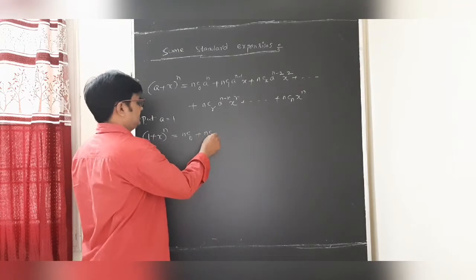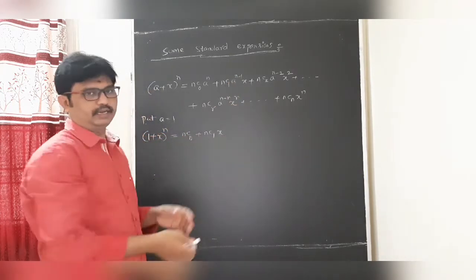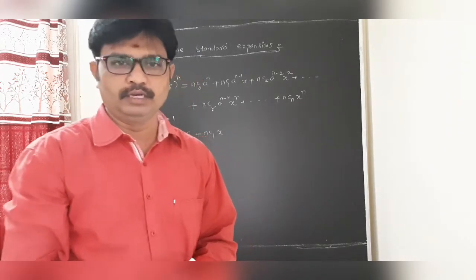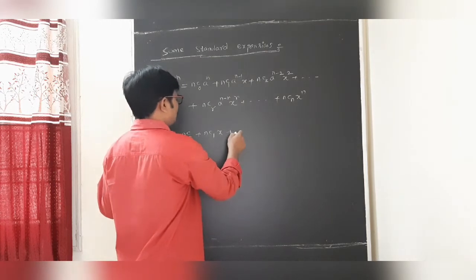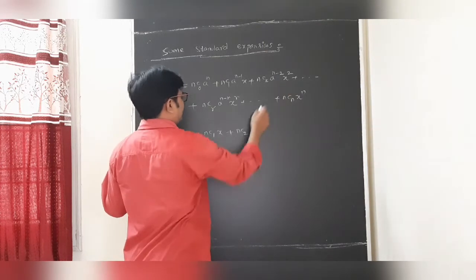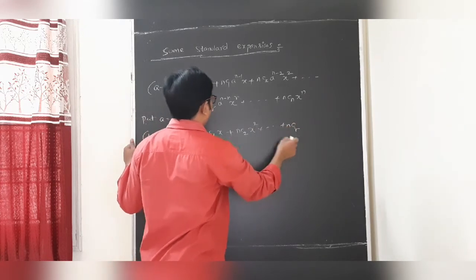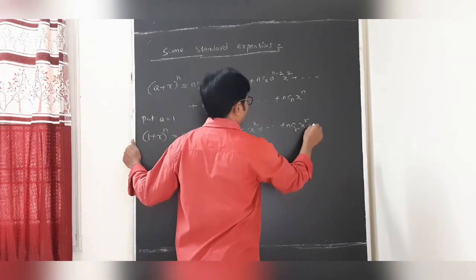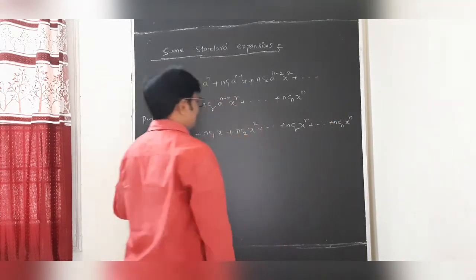After that NC1 x, with 1 power n minus 1. 1 power anything is 1. After that NC2 x square and so on, NCR x power r and so on. The last term is NCN x power n.